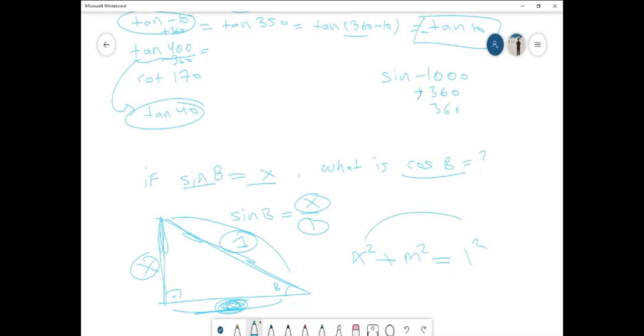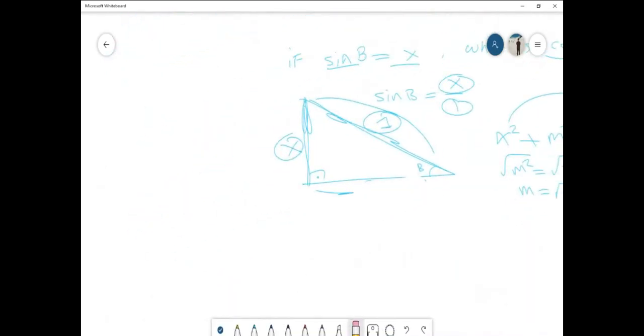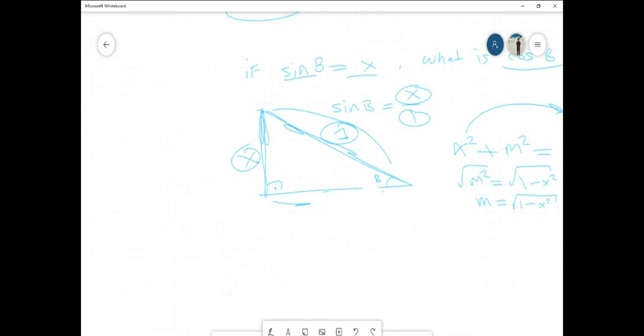I use the Pythagoras formula. Let's say this is m. This squared plus this squared is equal to this squared. X squared plus m squared is equal to 1 squared, according to Pythagoras. I need to find this side, so m squared will be 1 minus x squared. M is equal to the root of 1 minus x squared, when I take the square root of both sides.